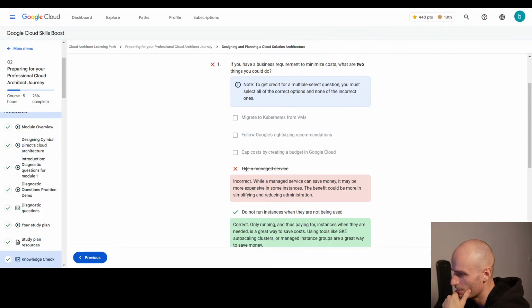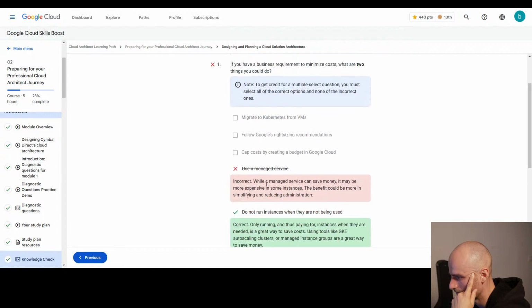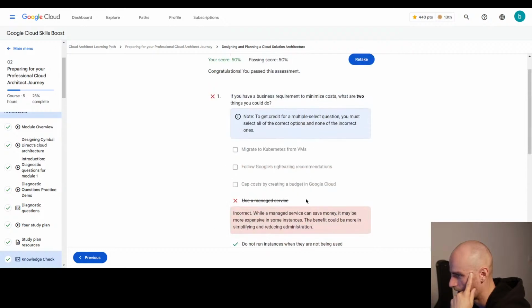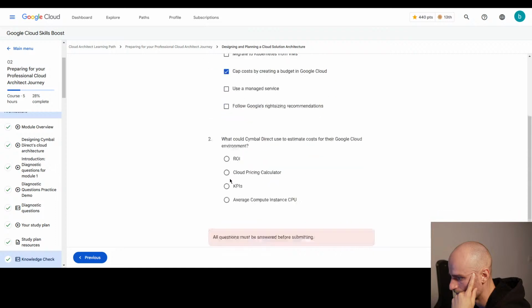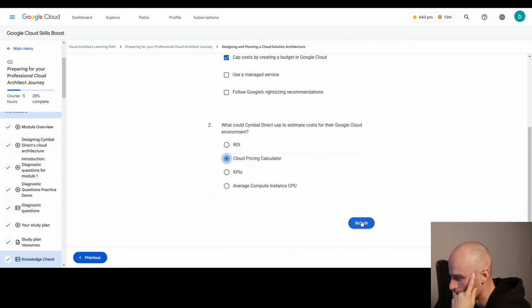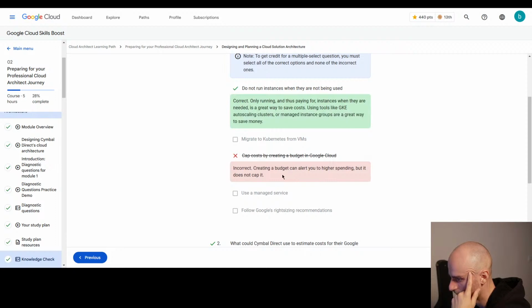But I did not put user managed service. Oh yeah, I put it. Let's retake it. Shit, man.